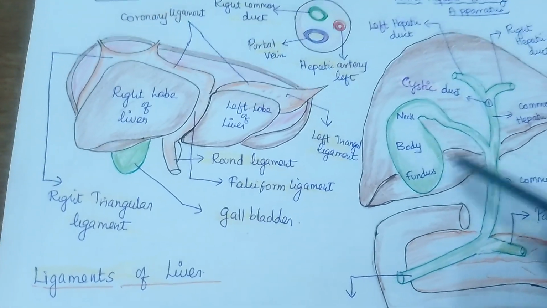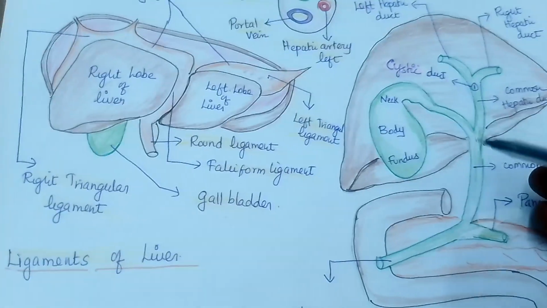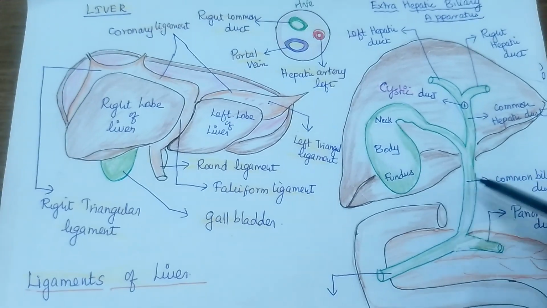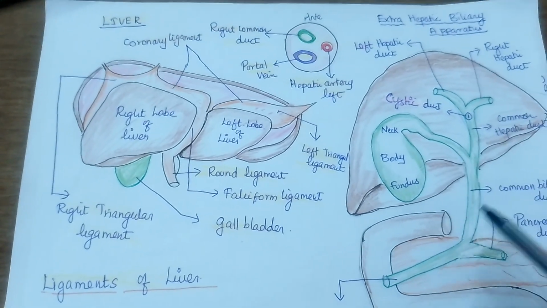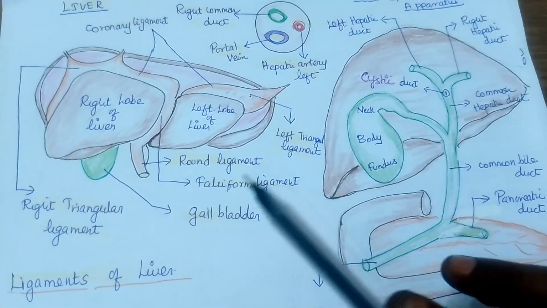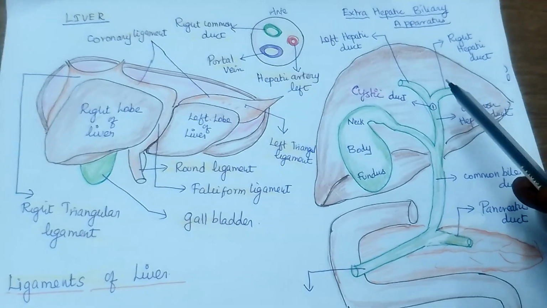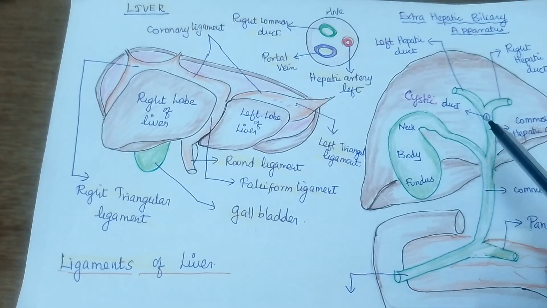With all these things, the stored bile will be emptied into the small intestine and it will be helpful for digestion, absorption and storage function. So this is about the extrahepatic biliary apparatus. If they ask about the liver, you draw the liver, lobes of the liver, ligaments and the functions of the liver. If they ask about the extrahepatic biliary apparatus, you write about this one.